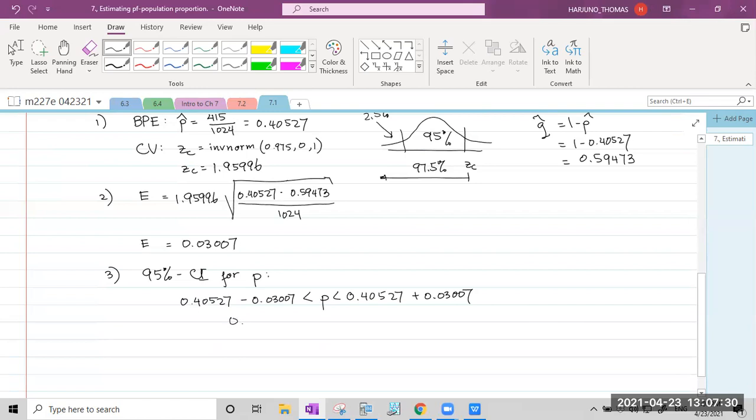This will be 0.37520 less than p less than 0.43534.